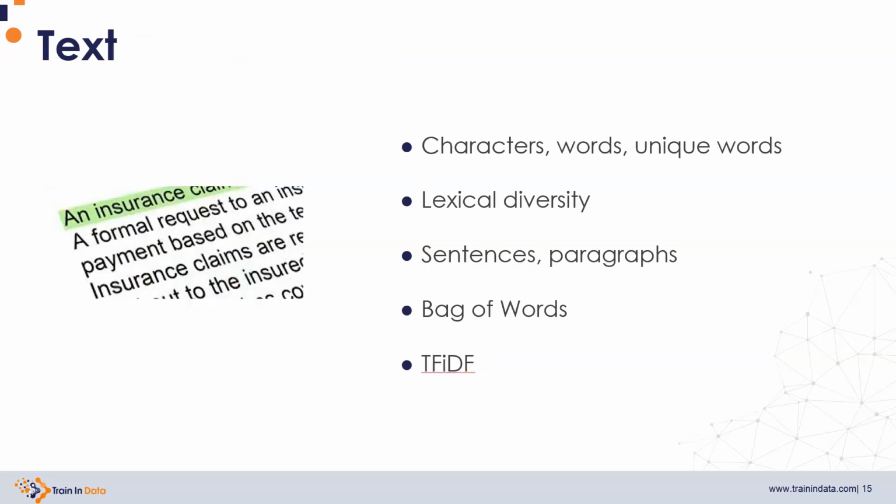If we have text, we can also extract values, like we can count characters, words, unique words, and with this we can construct the lexical diversity. We can count sentences, paragraphs, we can create bag of words, and we can also create term frequency inverse document frequency features.